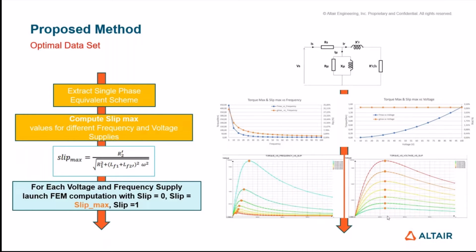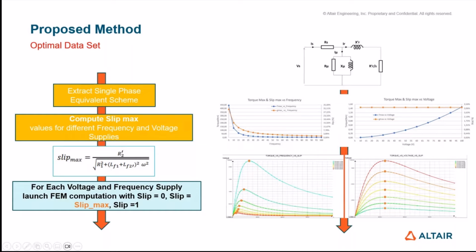So what we want to do here is to select a few values of the voltage and then vary the frequency more. For each couple of voltage and frequency, we are going to select only three values of slip: the no-load slip, the maximum slip, and the locked rotor slip.